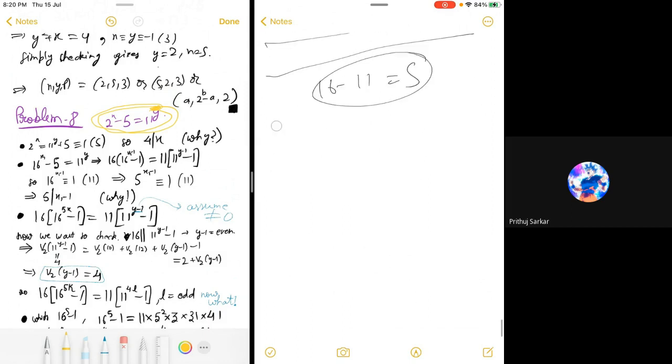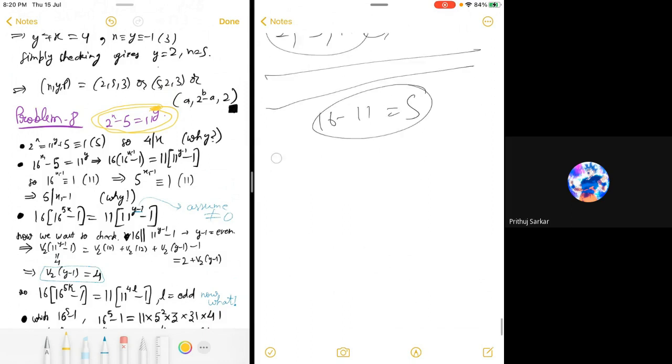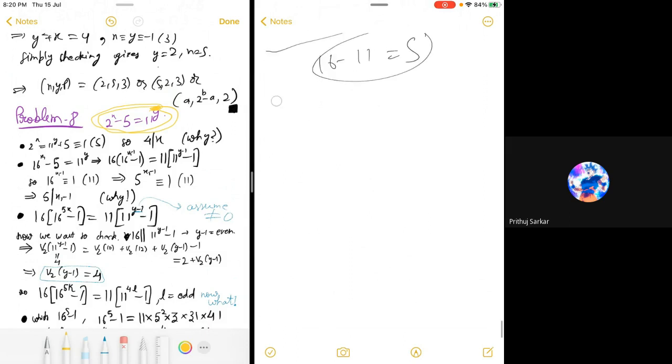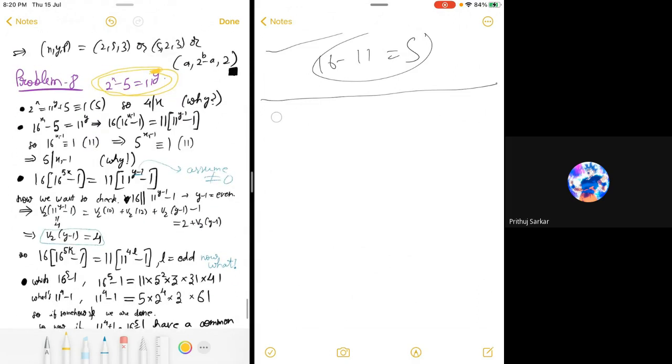Then you bound the VPs. Because only 2, 5 and 11 are really present in this equation, when you bound the VP, then P must be among these three numbers. So basically, we'll be just doing this here in this problem.